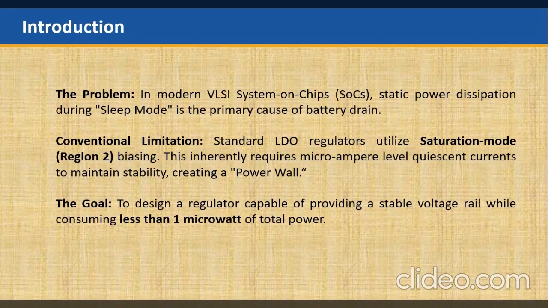Yet, traditional LDO regulators continue to drain microamperes of current because they are biased in the saturation region, and this creates a power wall. Our goal was to break this wall by designing a regulator that provides a rock solid voltage rail while consuming less than 1 microwatt of total power.